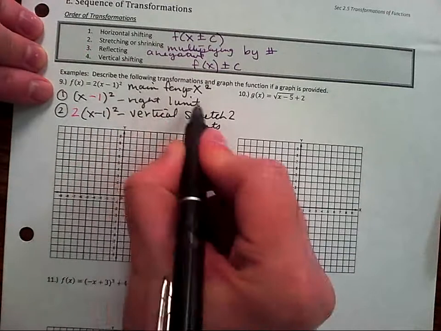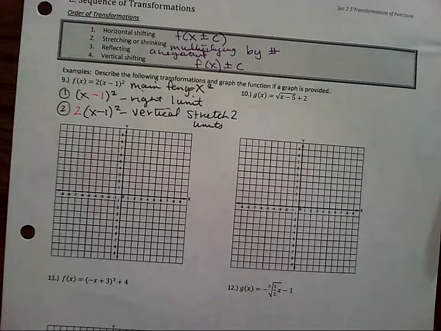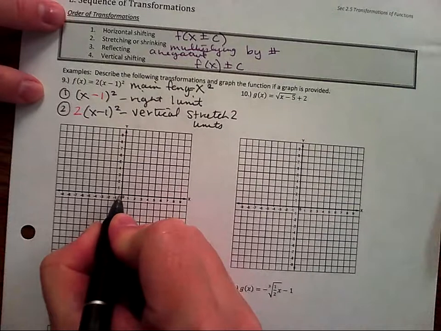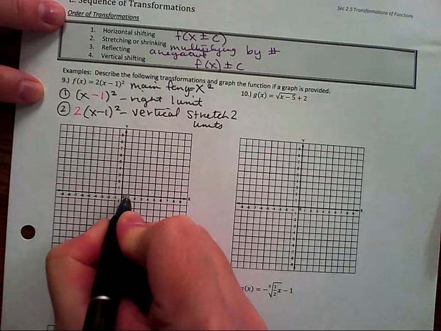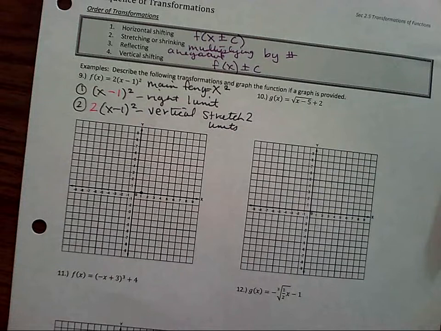Okay, so let's try to graph this. So I have a point 0, 0, right? I know what x squared equals. I have the point 0, 0. I'm shifting it to the right 1 unit, and then I'm stretching it. But again, we stretch vertically away from the x-axis. So that's that point right there. Vertical stretching 2 units. We did it on the last page, right?